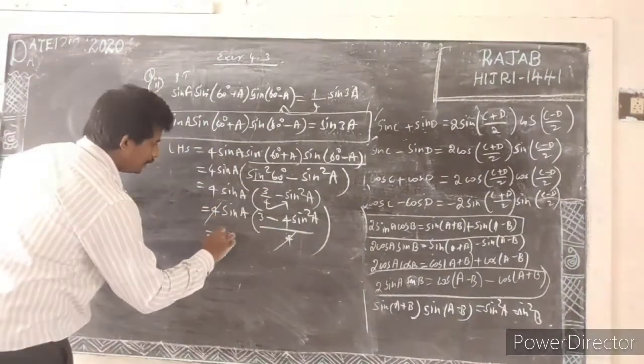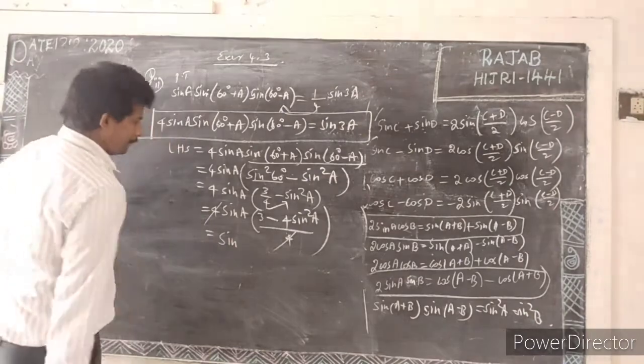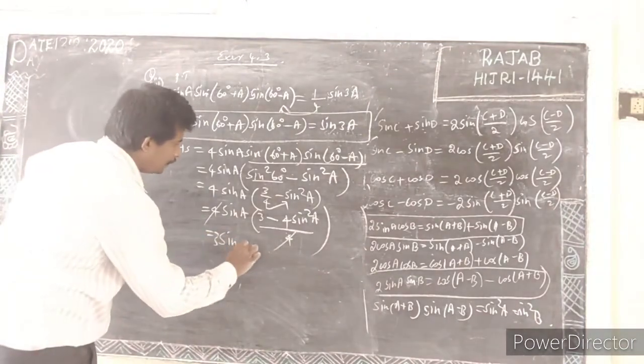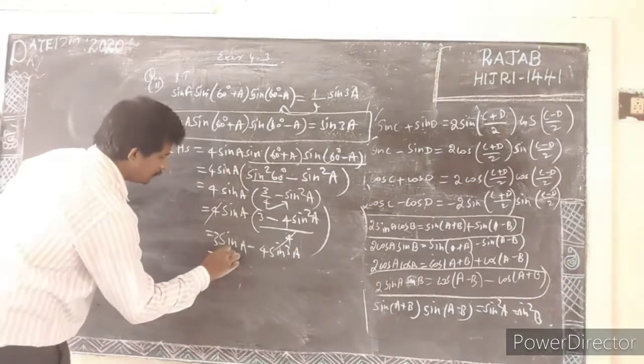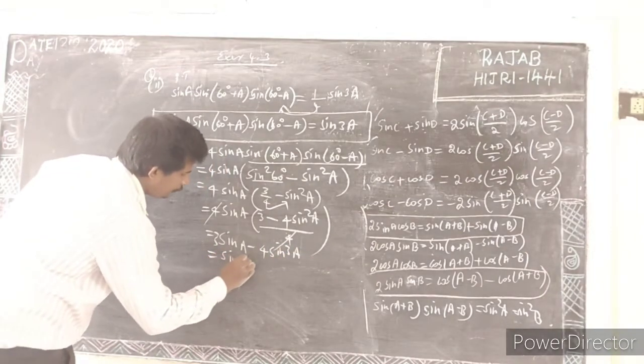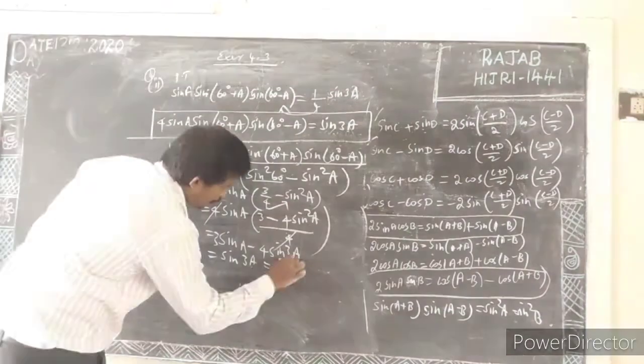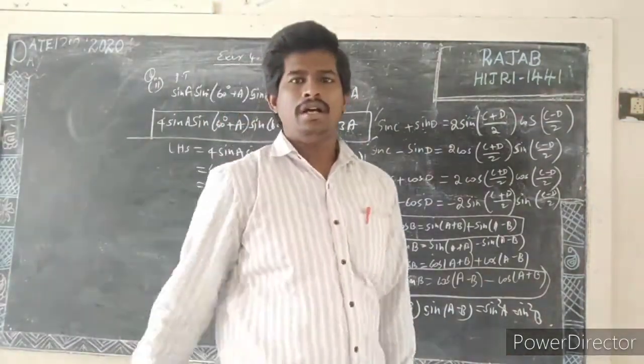So what's remaining? 3 sin A minus 4 sin cube A. So this is sin 3A. This is the required RHS. We have proved our result.